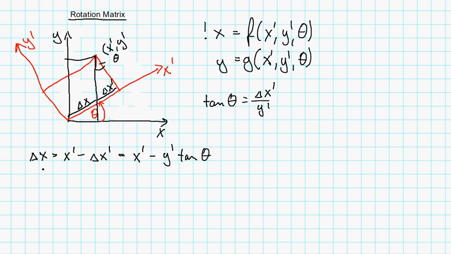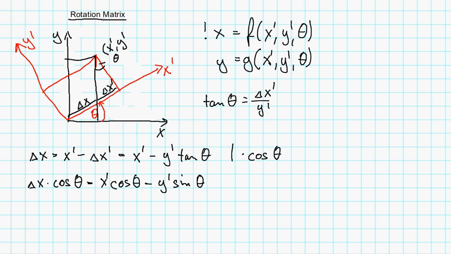Now let me multiply the whole equation with the cosine of theta. You will see immediately why I do this. So this equation will be delta x times cosine theta equals x prime times cosine of theta minus, and the tangent of theta is sine divided by cosine, so it's then y prime sine of theta. Why is this so important?